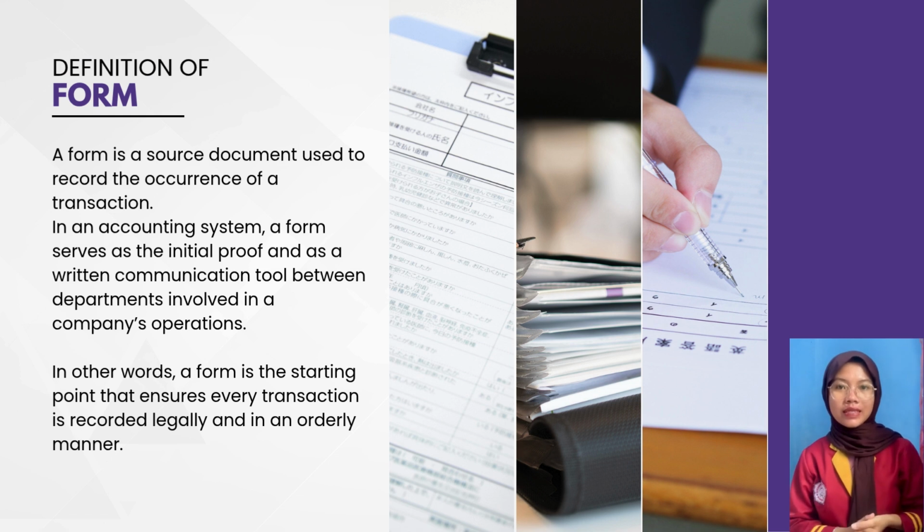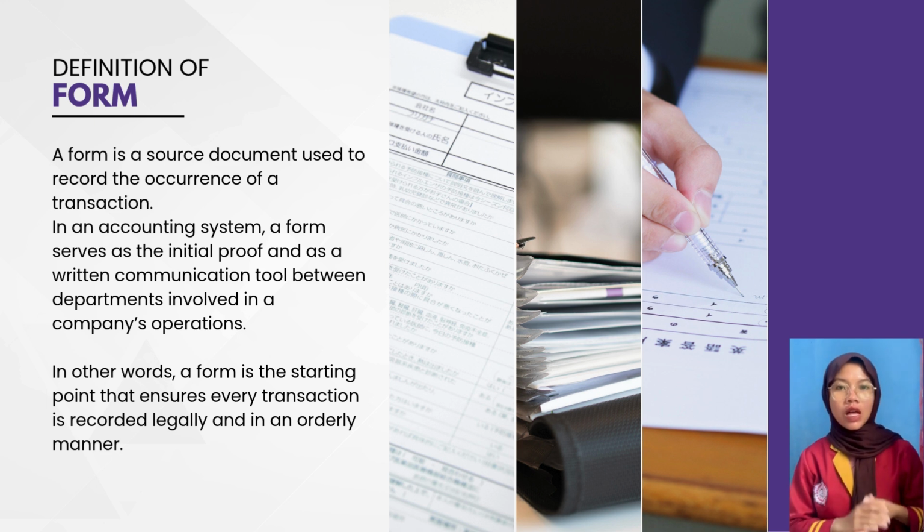A form is a source document used to record the accuracy of a transaction. In an accounting system, forms serve not only as written evidence, but also as a communication tool between different departments in a company.